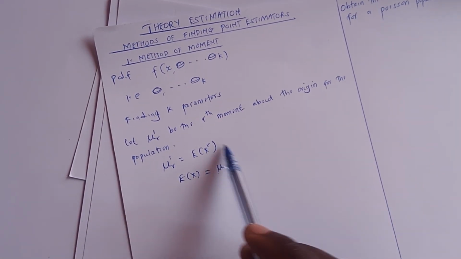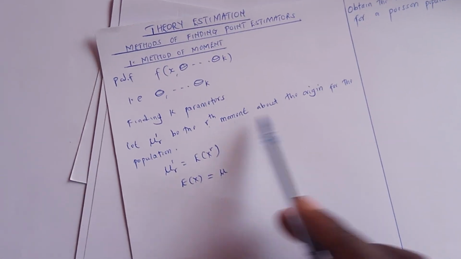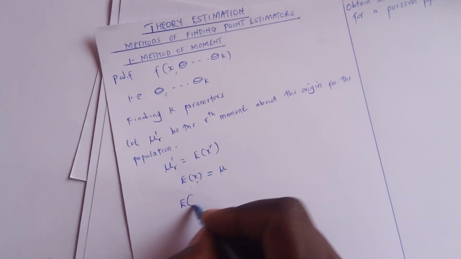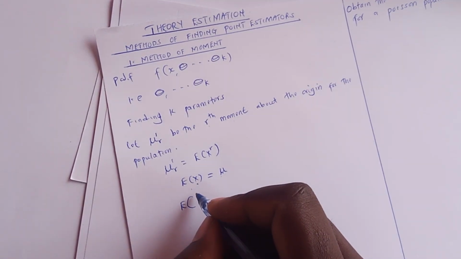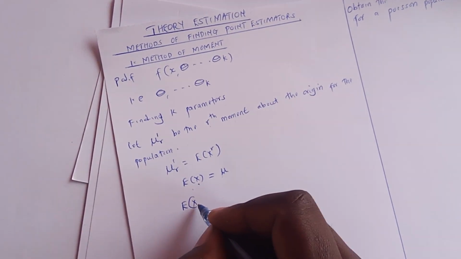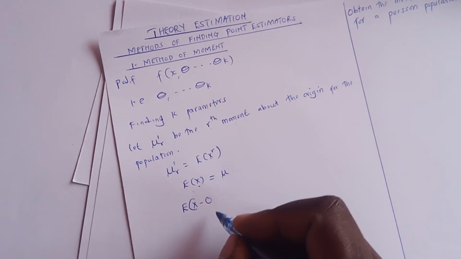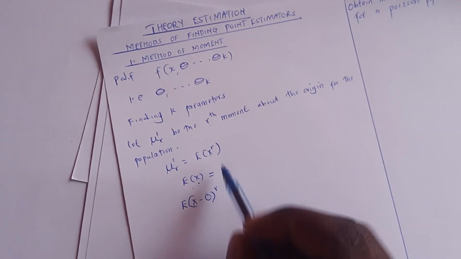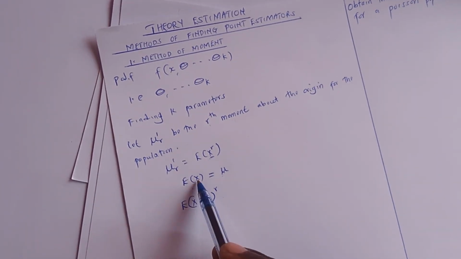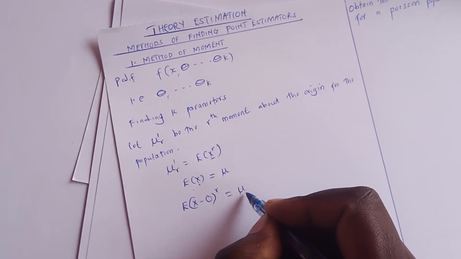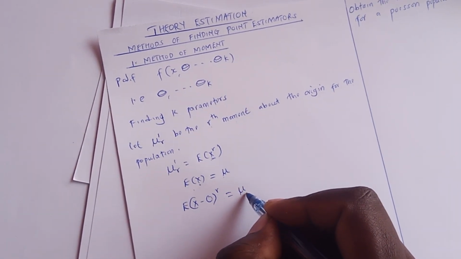Now, when we come to the rth moment about the origin, we shall have the expected value of x to the power r, because it's about the origin. So it gives us mu prime r.